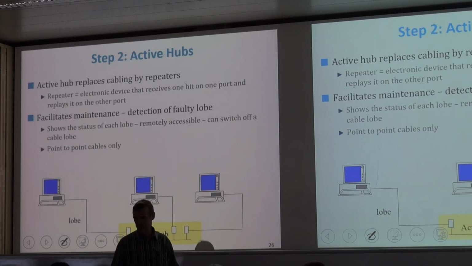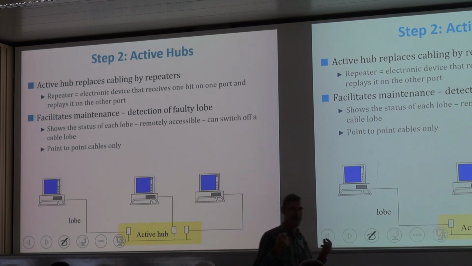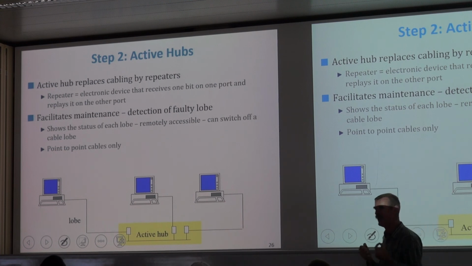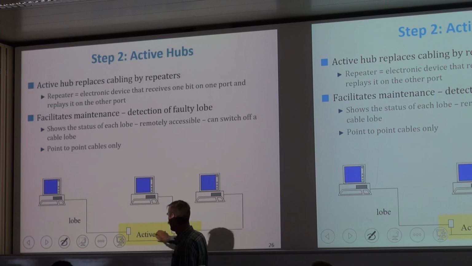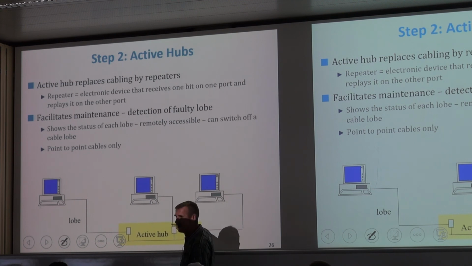Now the second step: once you had those boxes, of course, because the imagination and the drive of engineers is endless, immediately somebody invented a better way of doing it, what is called the active hub. Instead of a pure cabling system, I'm sending a signal that contains Ethernet bits, and I'm just forwarding it by simply connecting passively.